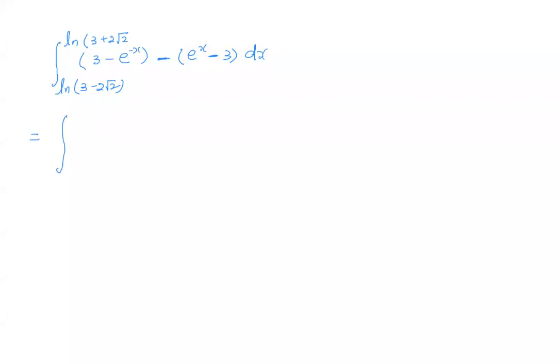You have to be very patient when you write for this case. So you simplify, it will be 6 take away e to the power negative x, take away e to the power x, dx. So now you start to integrate and you substitute.